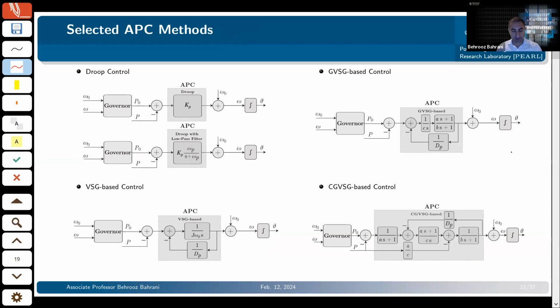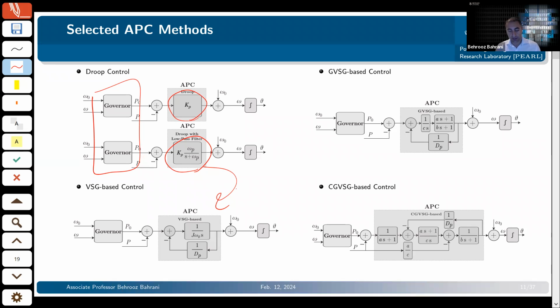For the active power controller, very similar. If it is a grid-forming control, we do have, again, just a gain, or it could be a gain with a low pass filter. We would use a governor there to give us a set point for power. And this could also be realized by a VSG. This is very common, to actually have a VSG implemented into the active power loop.